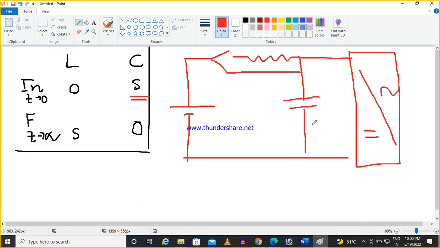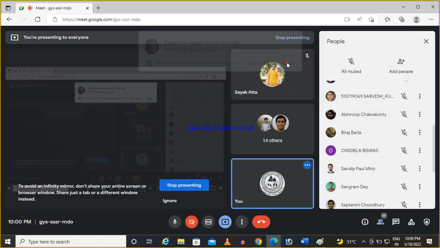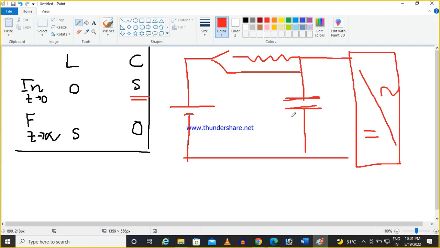And initially, I will continuously monitor the capacitor voltage. At the start, when the charging starts, I will first close this pole.